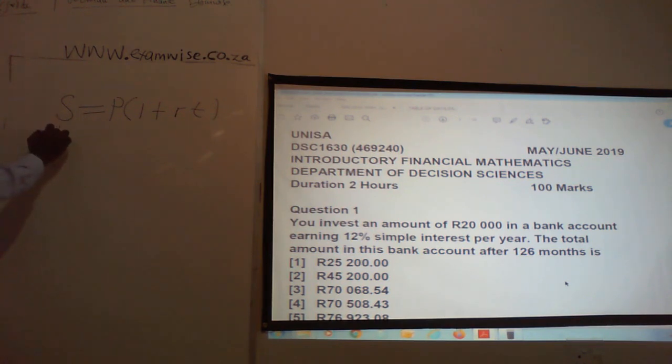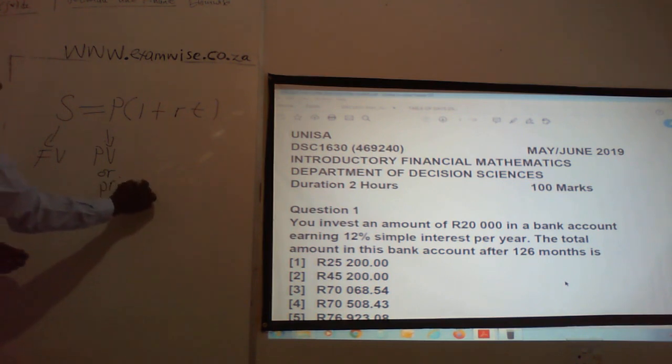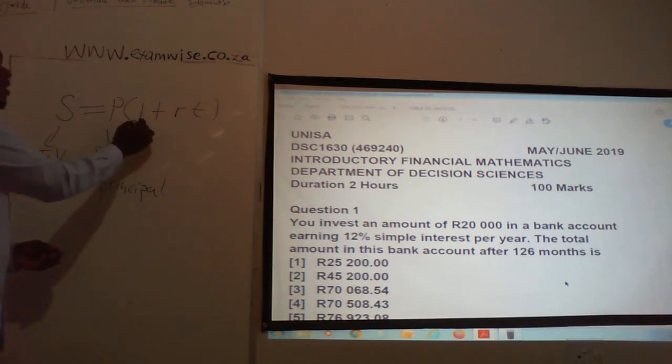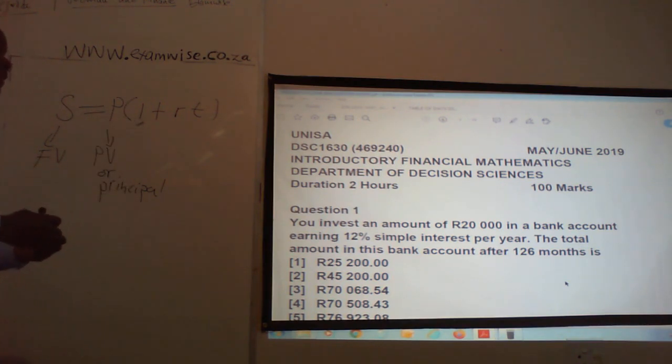Our S here represents our future value or sum accumulated, and the P represents our present value or our principal. The principal simply refers to the original amount that was invested, and the 1 is a constant.